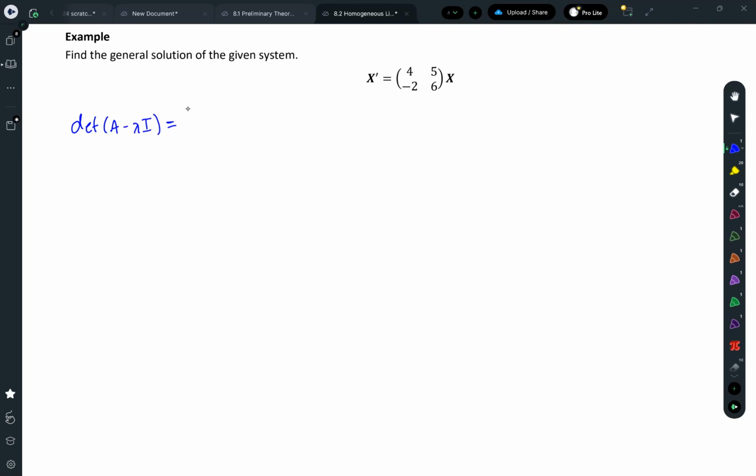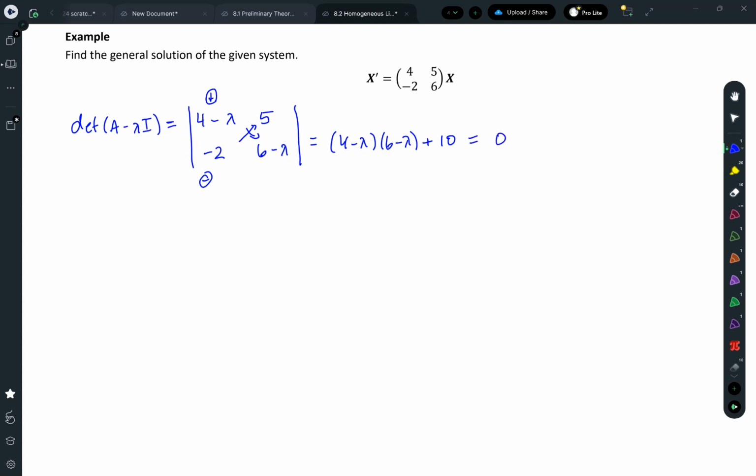So that means we're looking at vertical bars. Inside we have 4 minus lambda, we have a 5, we have minus 2, and we have 6 minus lambda. We do our diagonal product, and we get that this is equal to 4 minus lambda times 6 minus lambda minus a negative 10. So it'll be plus 10.